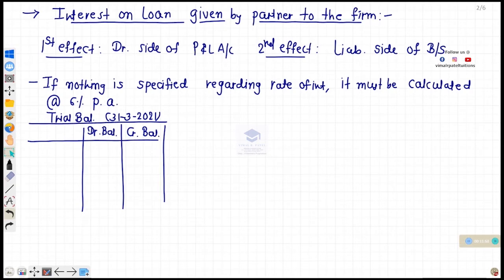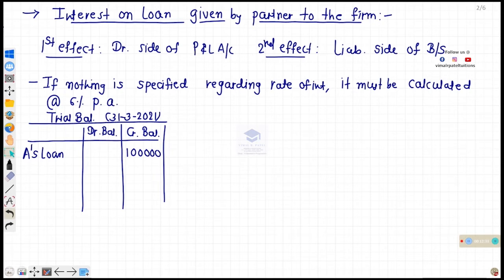Now, suppose there are two partners A and B. Now, it is given A's loan one lakh simply. Then rate of interest is not specified. Then interest will be calculated at 6% per annum. So amount of interest will be 6% of 1 lakh, that is 6,000.